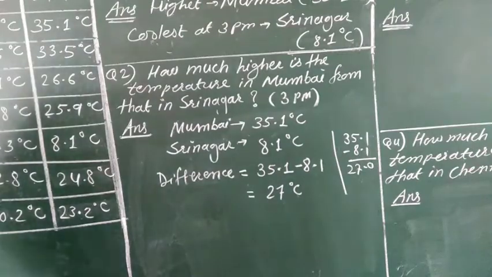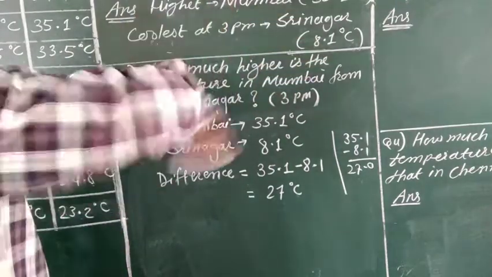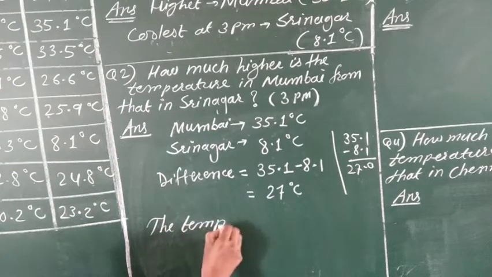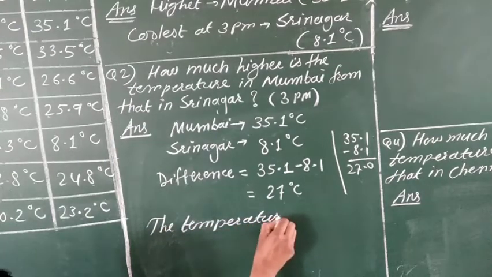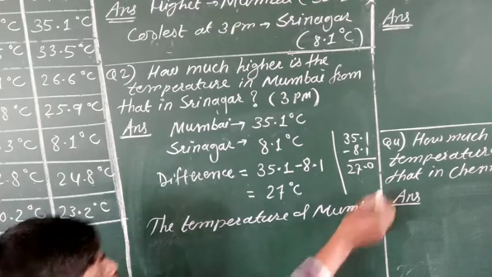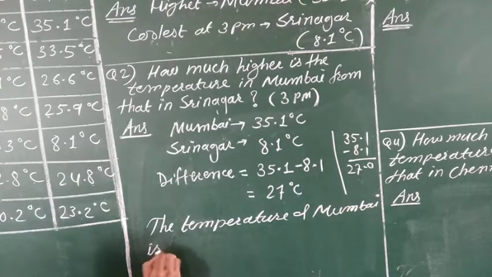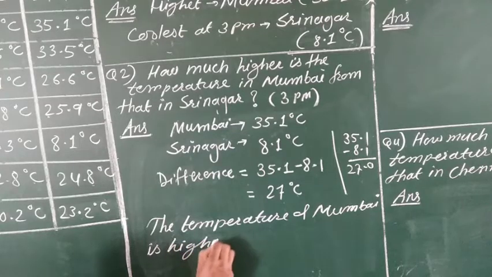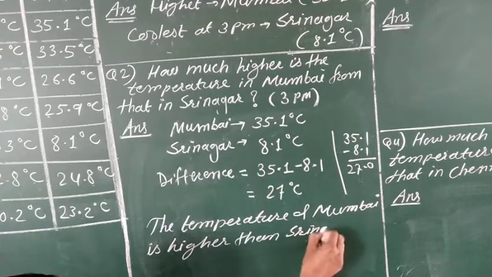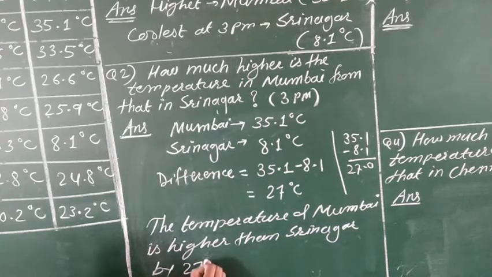So we can write, the temperature of Mumbai is higher than Srinagar by 27 degrees Celsius.